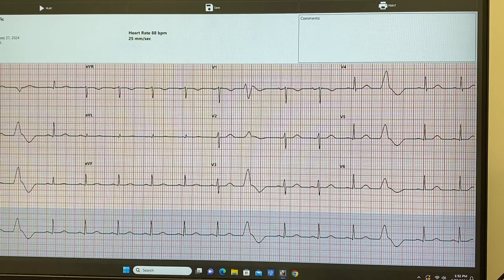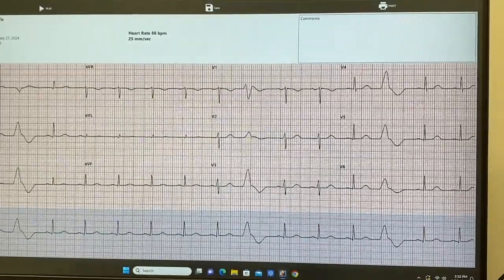All right. That wasn't too hard, was it? That's one of the easiest to capture. Like you see it and go, oh, there's a PVC, right? Even in a telly. So the telesitters, they're like pros at EKGs.